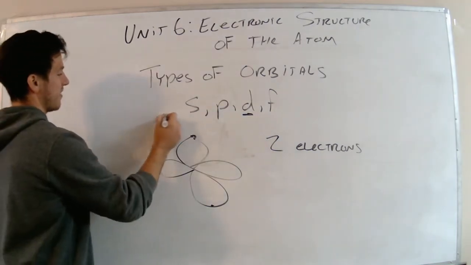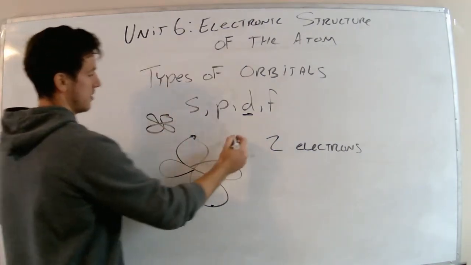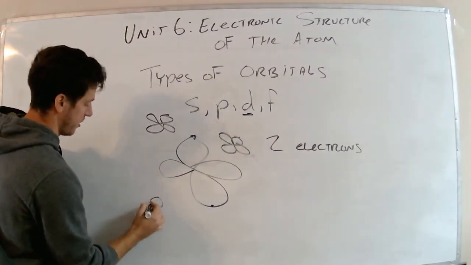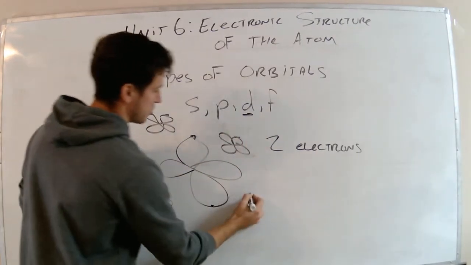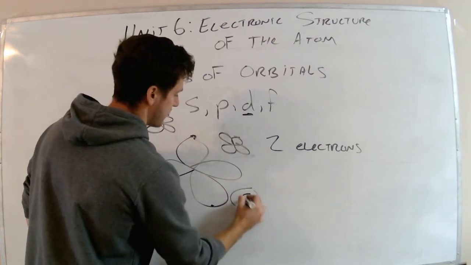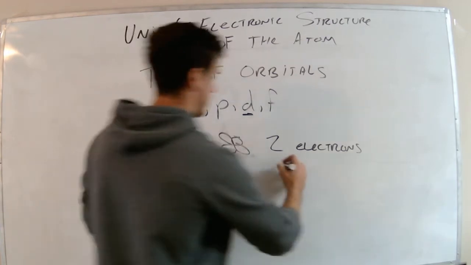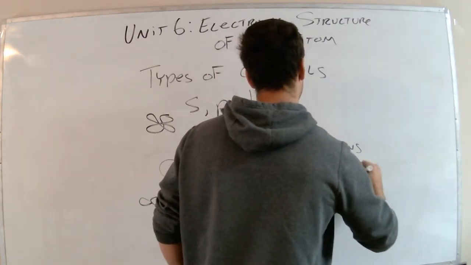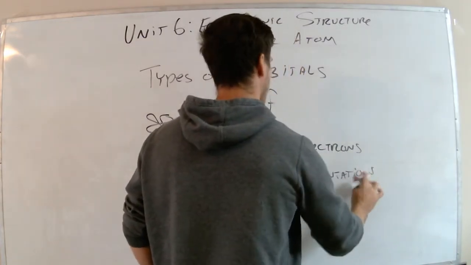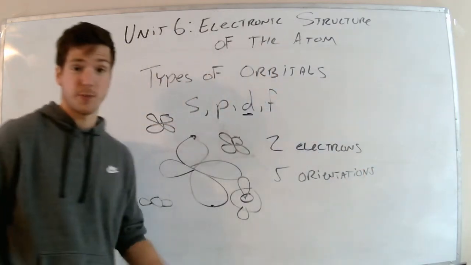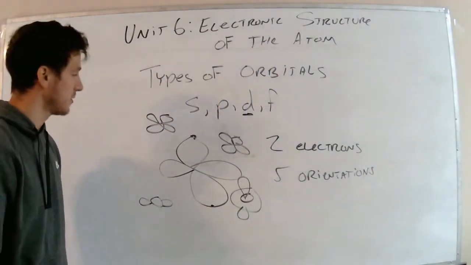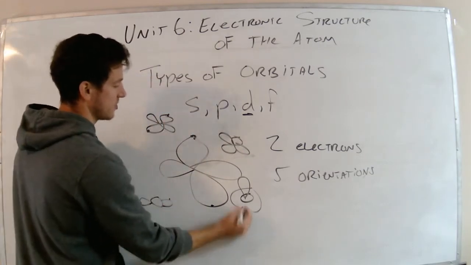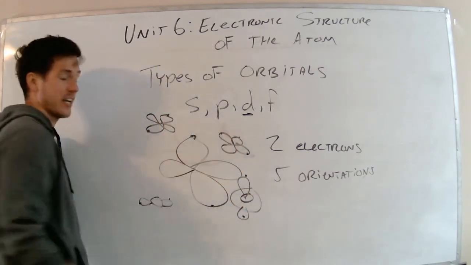Okay, I'll attempt to draw all these, not to scale. There's one where you look at it sideways, and then there's one that looks like a donut, right? So there are 5 orientations for the d orbital. Again, these are racetracks that they like to zoom around. And again, each of those orbitals only holds 2 electrons, so that would give us a total sublevel electron of 10.